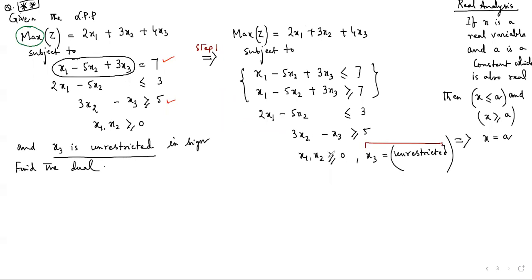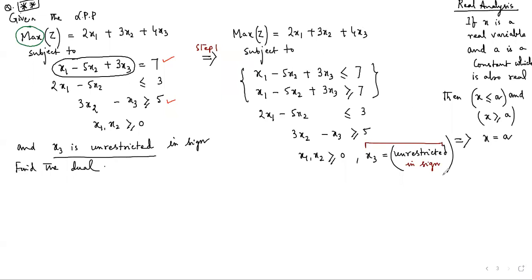Here we know that x1, x2 are greater than or equal to 0, but regarding x3, no sign is given. x3 is unrestricted means x3 is unrestricted in sign. We do not know the behavior of the variable x3.